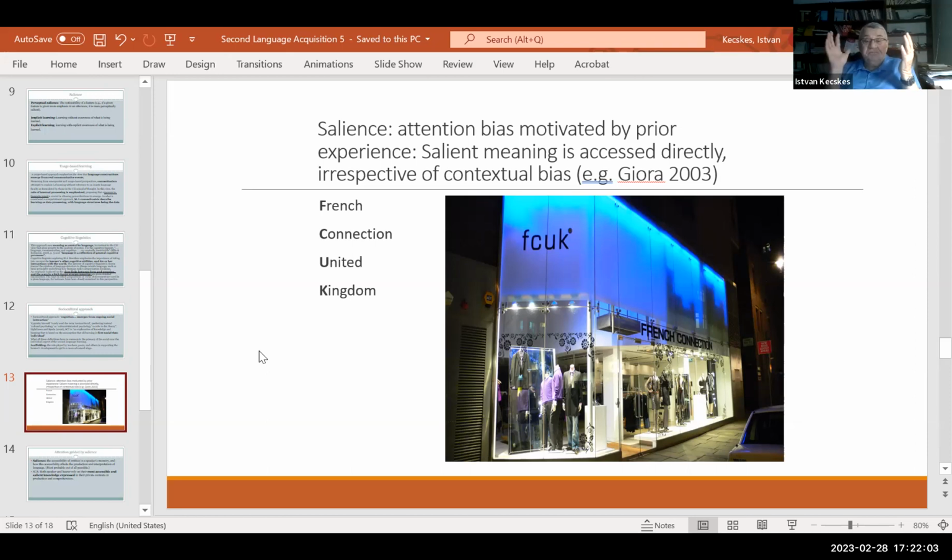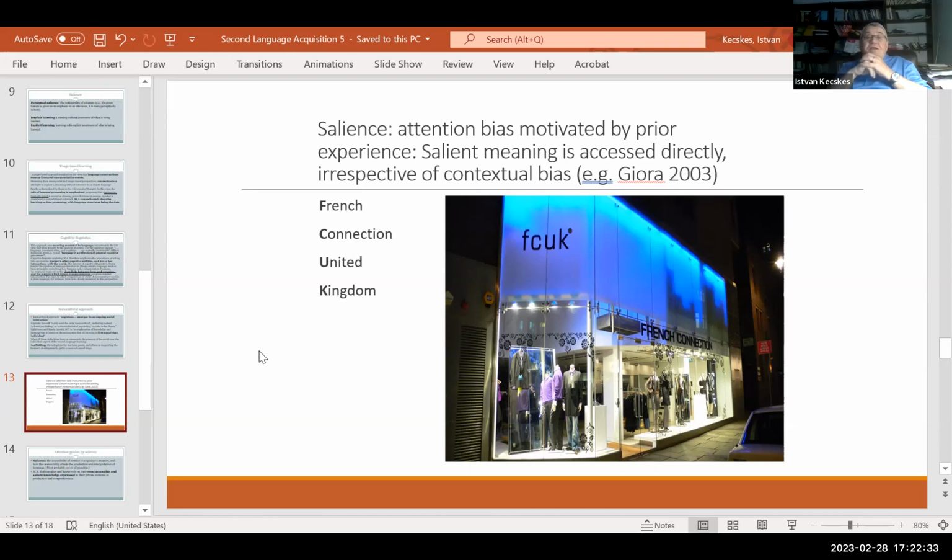You cannot deny that. And this is very important in language learning, because this is why you have this strong effect of the first language when you start to study another language. You just cannot say, okay, let's forget about my first language and focus on this tabula rasa that I'm trying to acquire. It will not work like that.